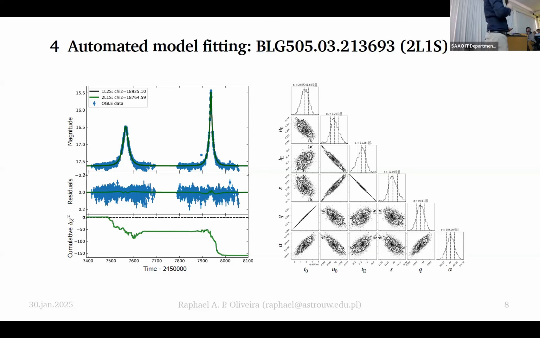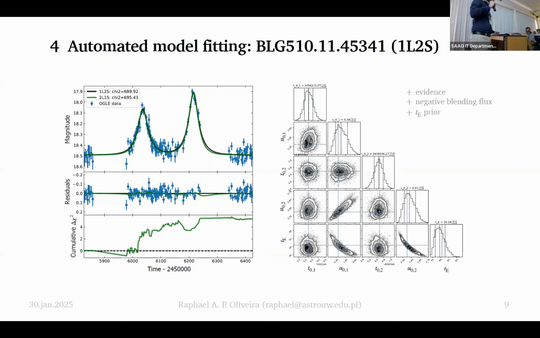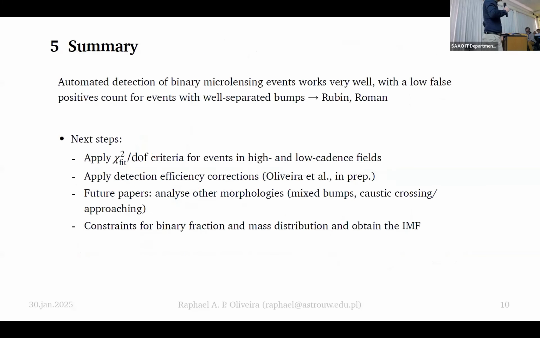Here the corner plots show the correlations between parameters. And in this one, the binary source was more favored. The chi-square difference was of the order of 4, smaller. And in this case, we also look at the evidence derived for both fittings, the amount of negative blending flux, and the t_E prior that we apply.